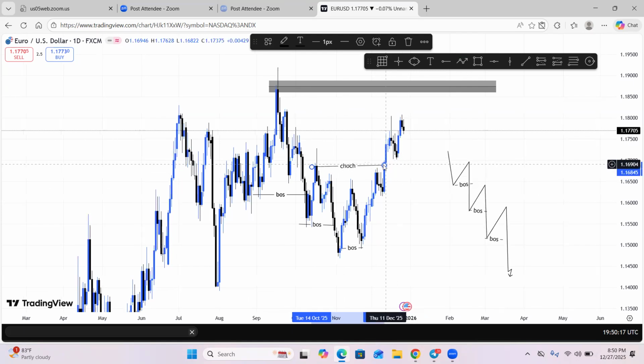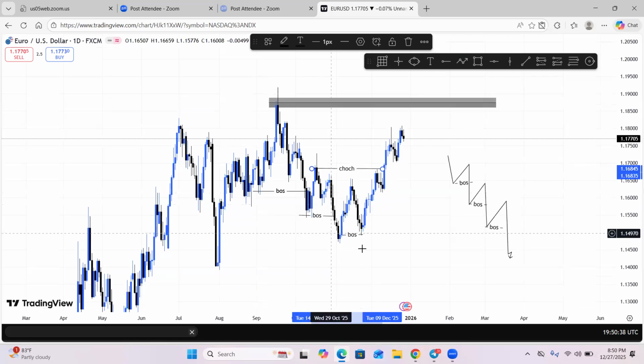Now, when you hear change of character, the short form is just CHOCH. So anytime you see CHOCH on a chart, just know that it is a change of character. It means the market was breaking structure in a particular direction, then changed direction. Change of character just means the market changed direction, clearing the origin of a break of structure.